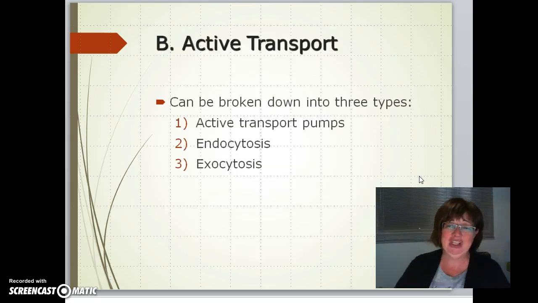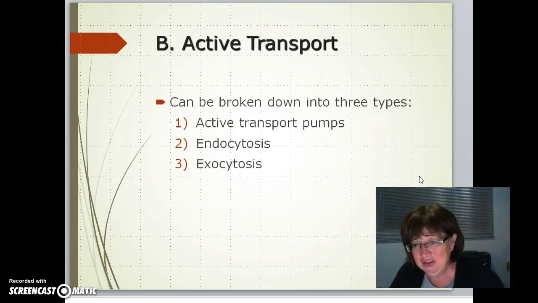The next type we're going to look at is active diffusion. Active diffusion is broken down into pumps, endocytosis, which is membrane bound, and endo means in, and exocytosis, which is membrane bound, but it moves out.